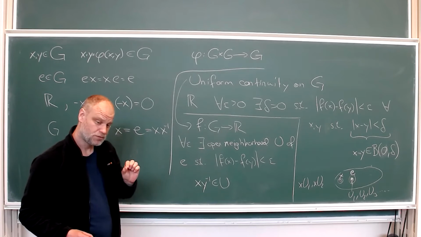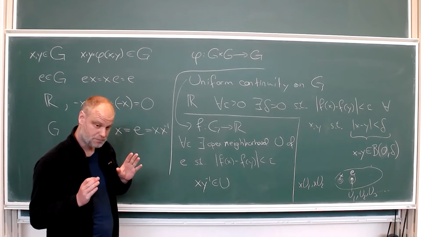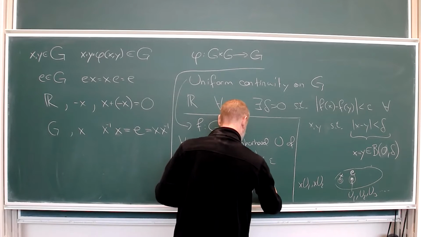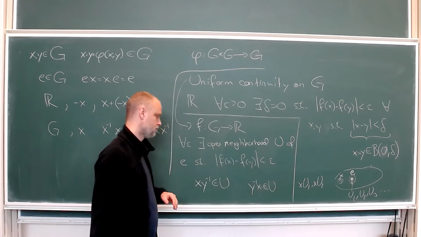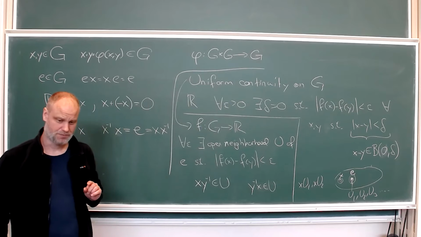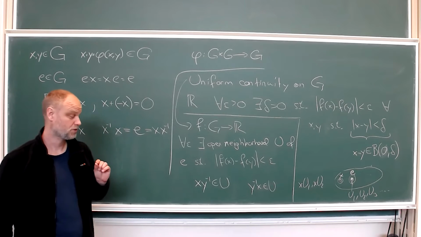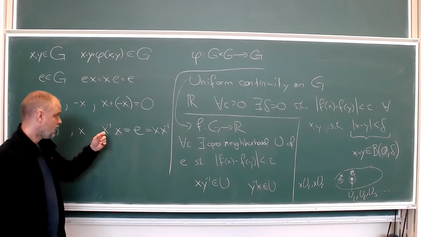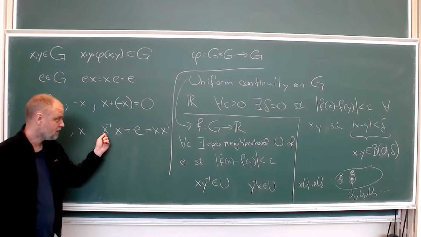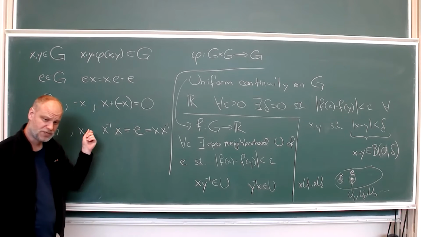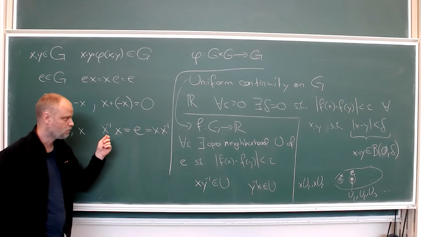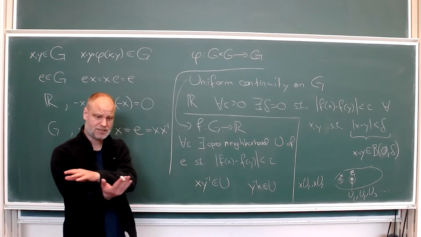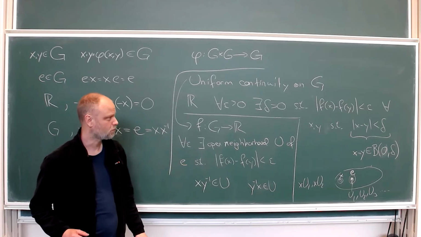Here we have now a problem because we could also have chosen this, and that is not the same necessarily, because the group is not necessarily commutative. And yes, the left inverse and the right inverse are the same, but that doesn't mean that if you multiply with a different element, x in this case, it's the same whether you put it to the left or to the right.